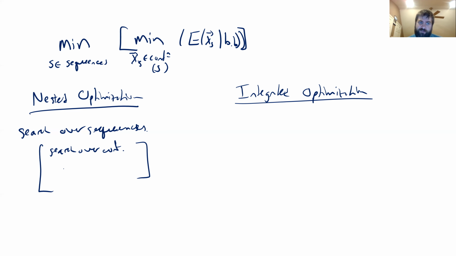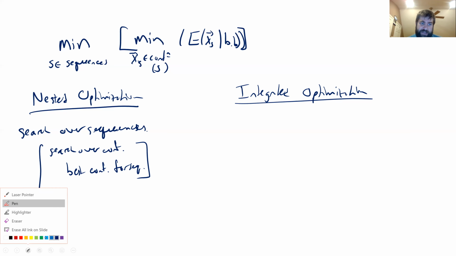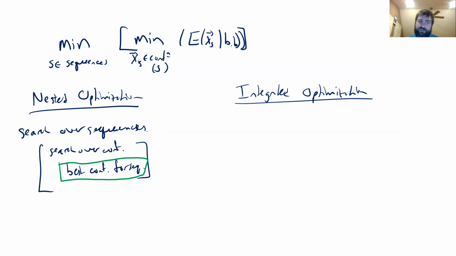And the search over conformations gives us a best conformation for the sequence, and we use that information about the best conformation for that given sequence in order to inform the search over sequences.